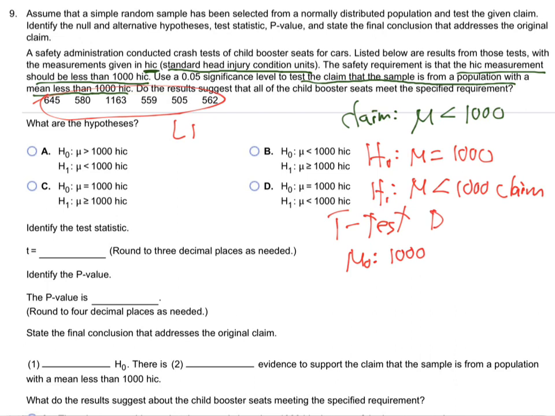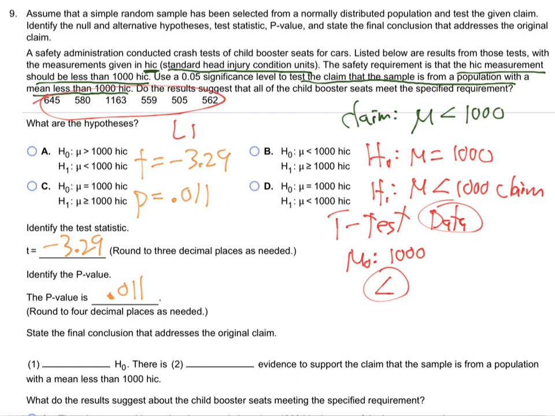We're going to do from data, right? From data, it's 1,000. And we're doing the less than. And so I hit the button. I got, what did I get? I got t equals, hopefully I didn't mess up, minus 3.29. Yes. Good. Okay, and the p-value, 0.0108.